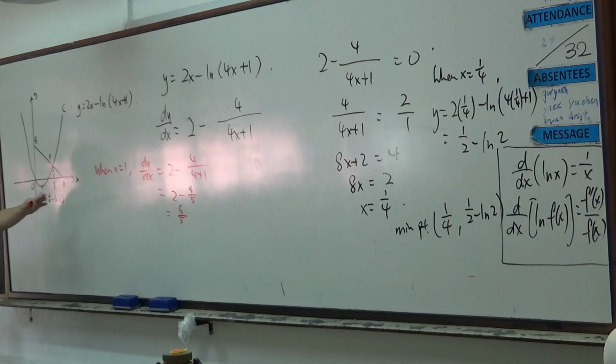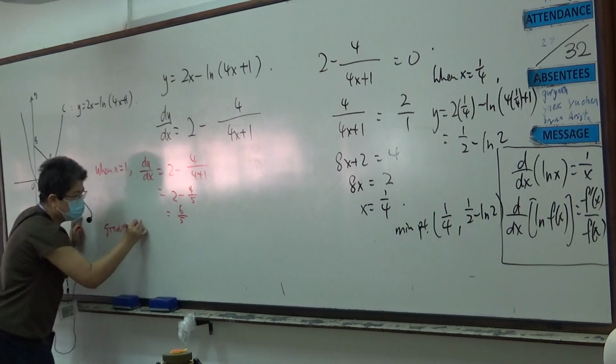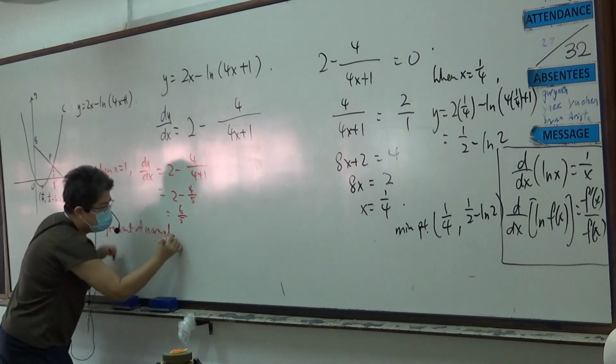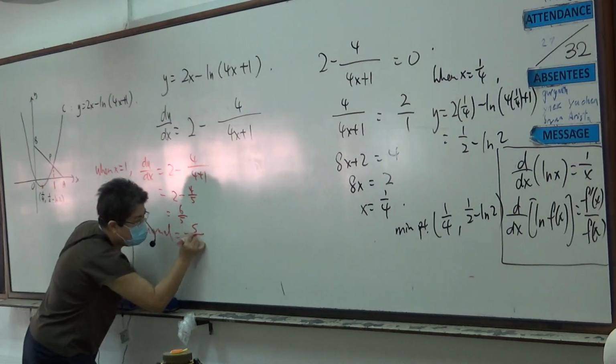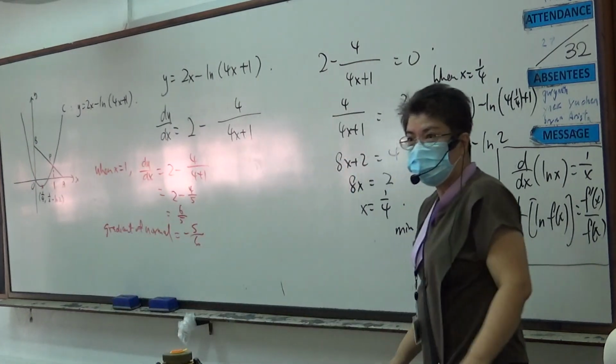This is the gradient of the tangent, since dy/dx is the gradient of the tangent. So what's the gradient of the normal? Negative 5 over 6, right?